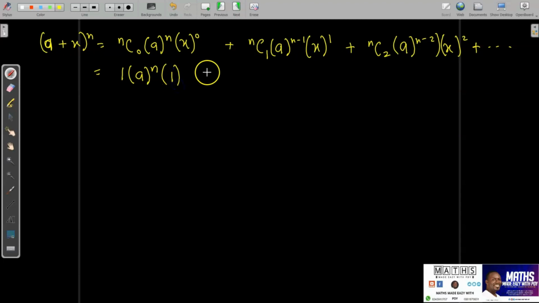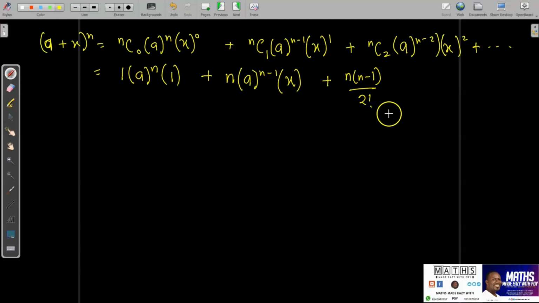Then plus n combination 1, we've seen it as what? Yes, what's the expansion for that? n. Then you have a to the power n minus 1, because you can't do anything about this because they are all variables. Then x to the power 1 is the same as x. Then plus n combination 2 is the same as what? Expansion. n times n minus 1 all over 2 factorial.